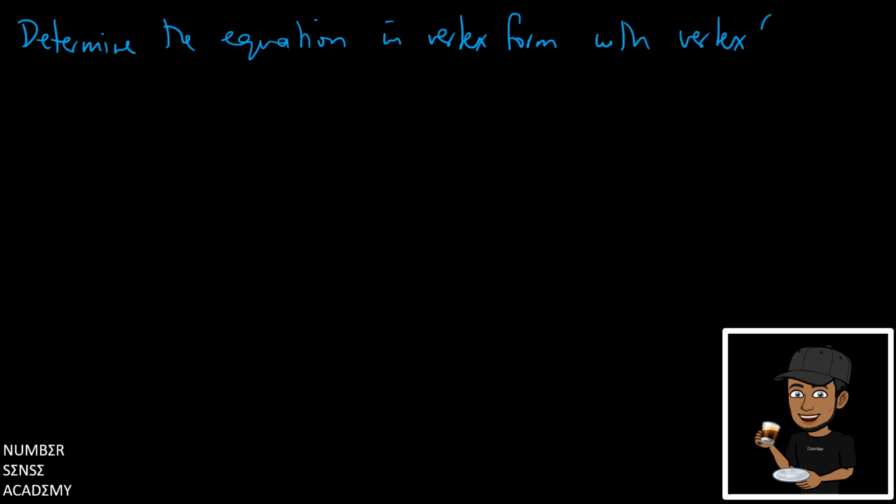So the first example that we want to do is we're going to determine the equation in vertex form, and by this we mean quadratic equation, in vertex form with a vertex of -2, -2, and a factor of -2/3.